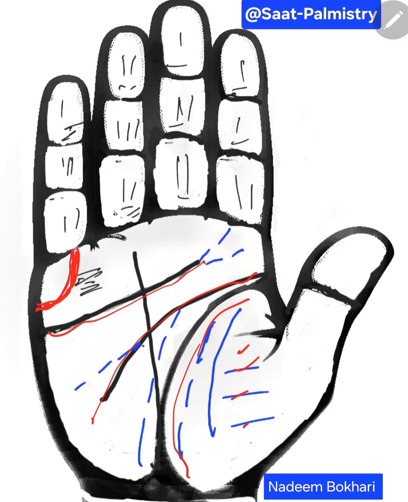You look at the whole picture of the hand, and then you make your judgment more sophisticated, more precise. It depends on the shape of your fingers, shape of your hand. All these things are included in defining one little line.